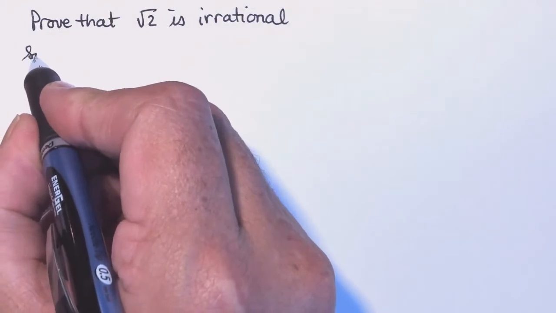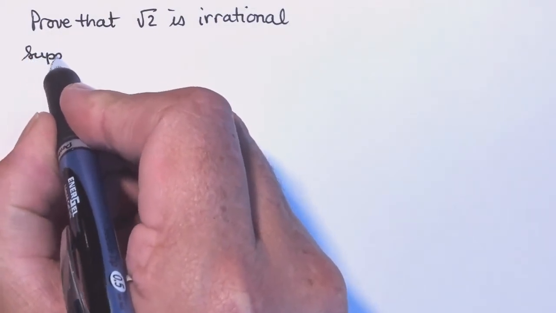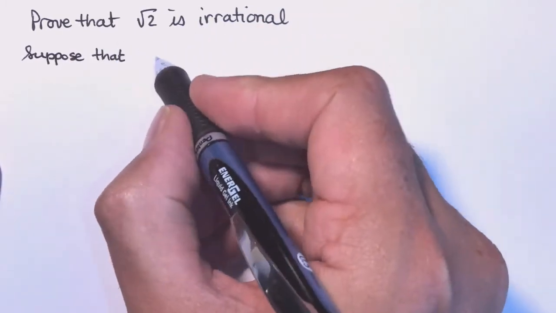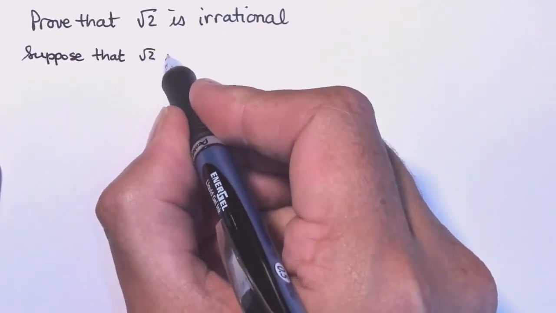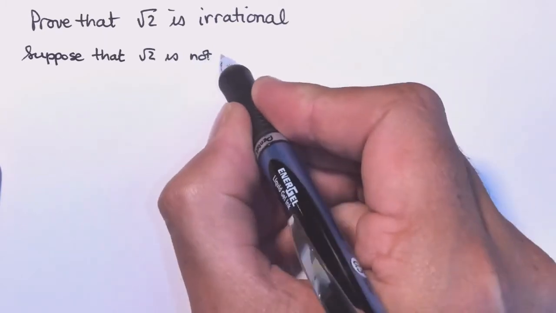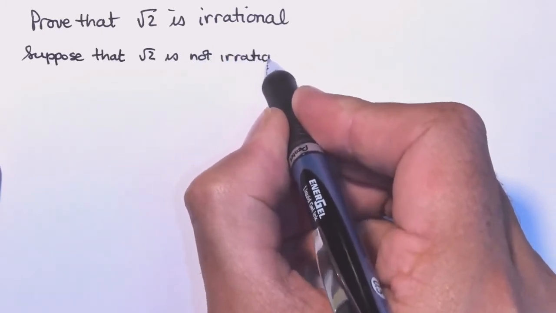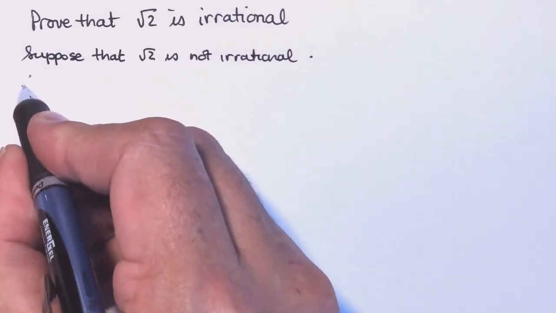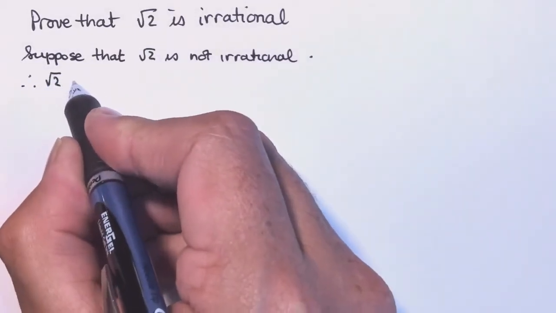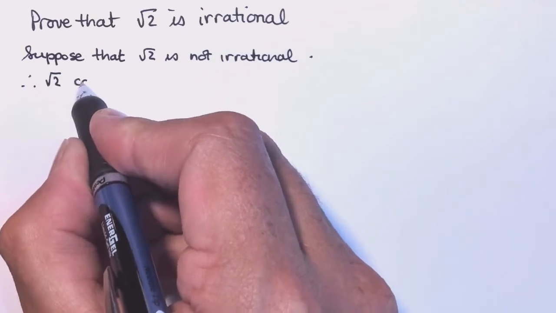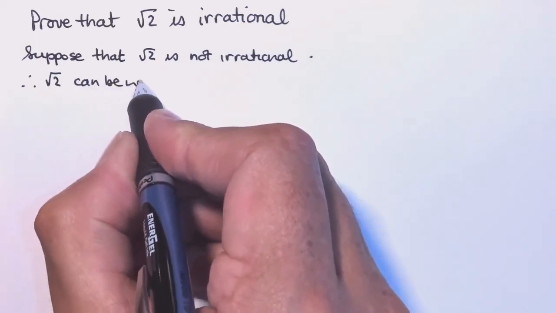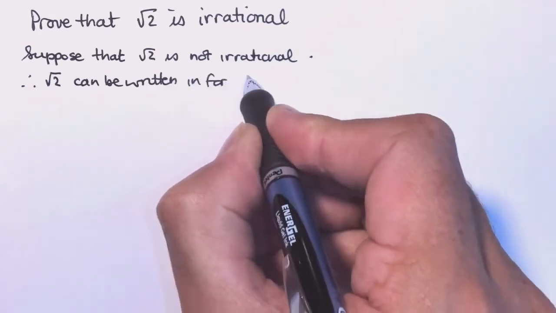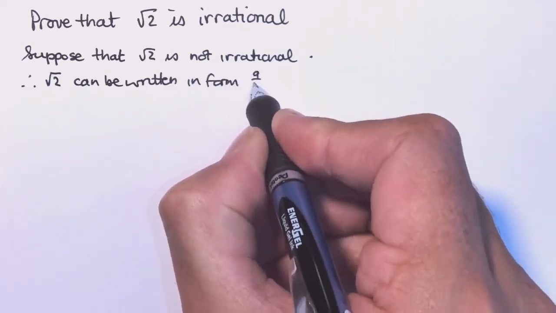So we're going to suppose that root 2 is not irrational. Now what does that mean? It means, therefore, root 2 can be written in the form a over b.